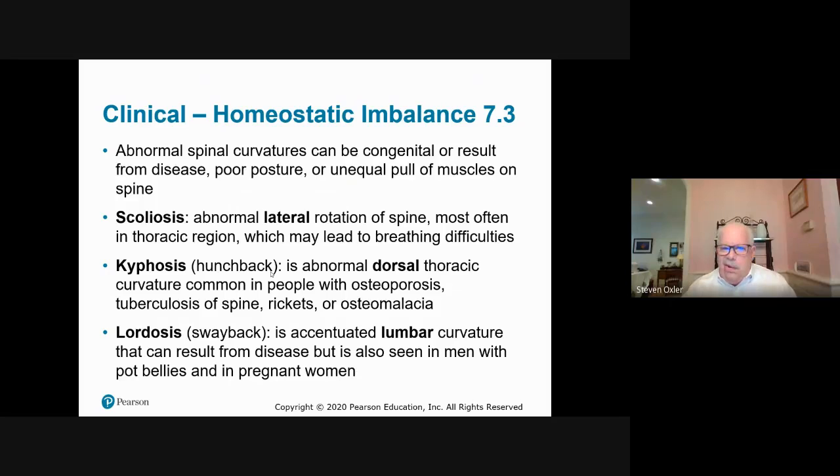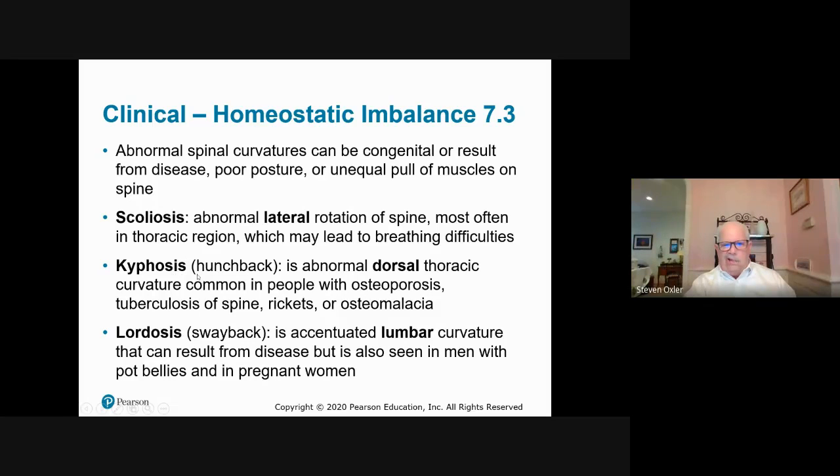But what I want you to know more than that is the abnormal curvatures of the spine. There are three abnormal curvatures of the spine. One is scoliosis. And if you went to school in New Jersey, you were tested for scoliosis in elementary school. It is an abnormal lateral rotation of the spine, and it can lead to breathing difficulties.